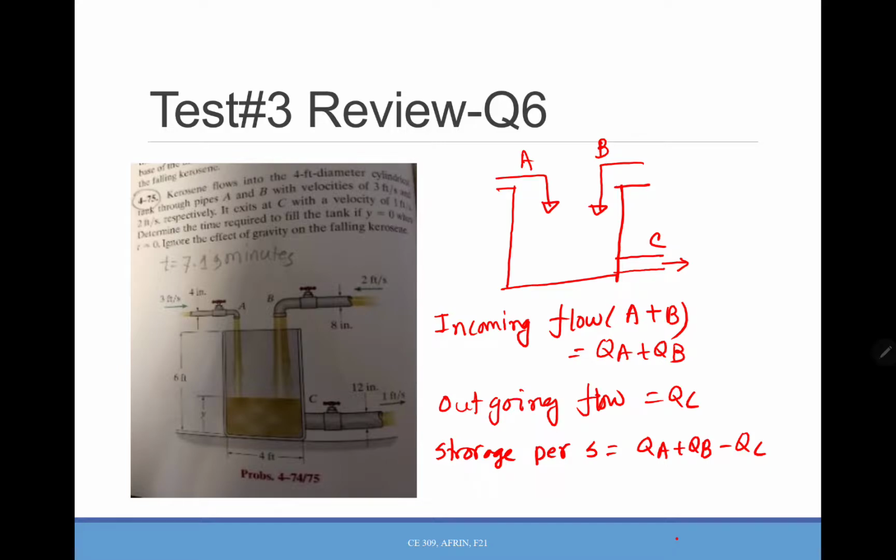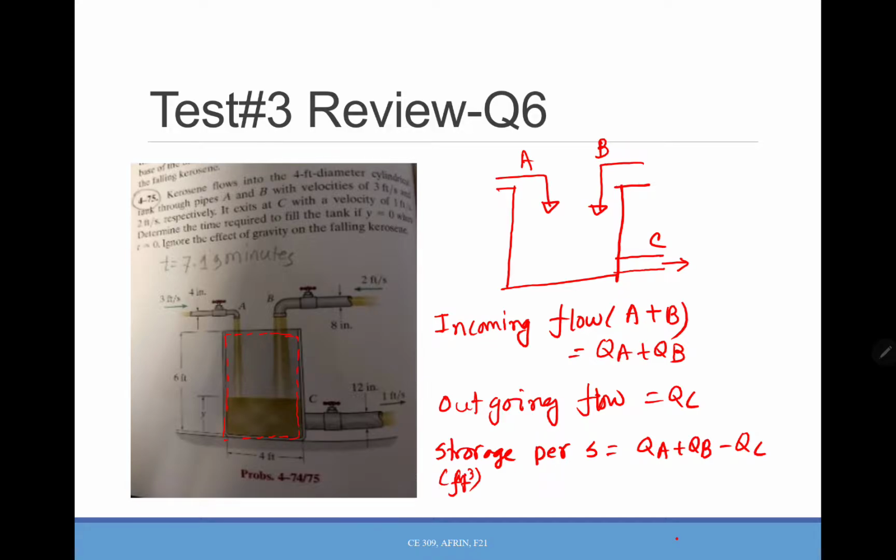That is the storage per second. Okay, so each second that amount of water is stored in this tank. Now obviously this tank has a certain volume. So the storage per second should be in feet cube here, sorry, feet cube.